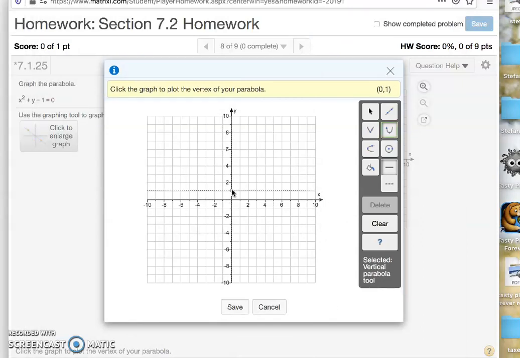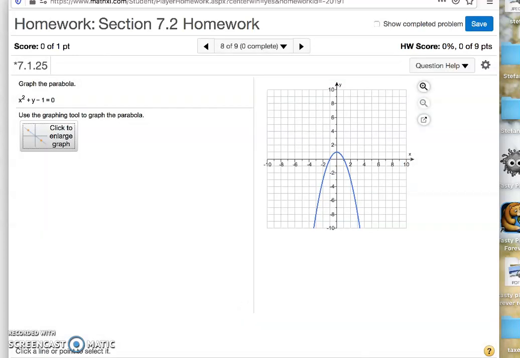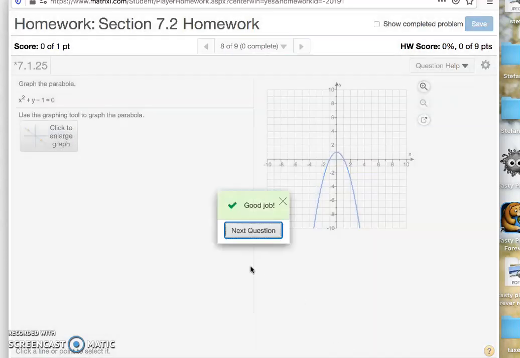So vertex at 0, 1. And we know we have a point at 2, negative 3. So we will just go to 2, negative 3, click again, hit save, and then check answer. And we have the correct thing.